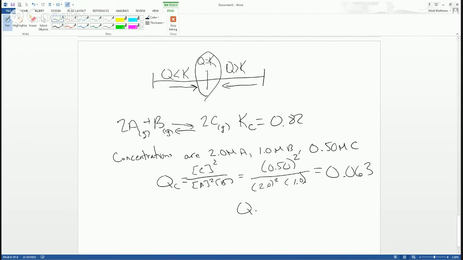Now, what's going to happen? What has to happen for this thing to achieve equilibrium? Well, it looks like the Q is smaller than K. So again, when Q is smaller than K, it's going to have to shift to the right to achieve equilibrium.